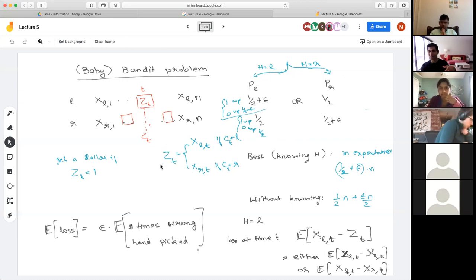But the choices that you made at time 1 or at time 2 were a function of the data that you saw. At time 1, you made a choice which is just fixed in your strategy. At time 2, you made a choice which depended on Z1. And at time 3, you made a choice which depended on Z1 and Z2, which also happened to determine all the choices you made before, and so on.